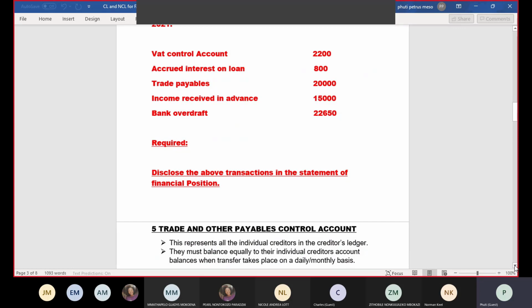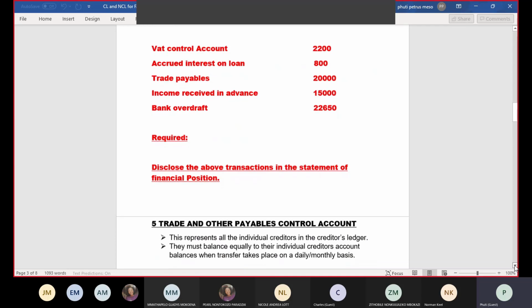So basically, you're going to have the statement of financial position, and then you're going to do your assets, your equity, and then you're going to have your liabilities. And all of these, in accordance with your own figures, you're going to put under the current liabilities. You just put them in order just like this and add a total amount, and you get a total in regards to your current liabilities.